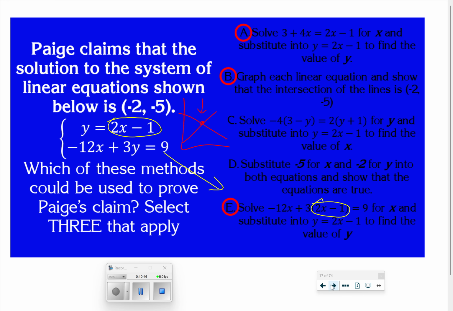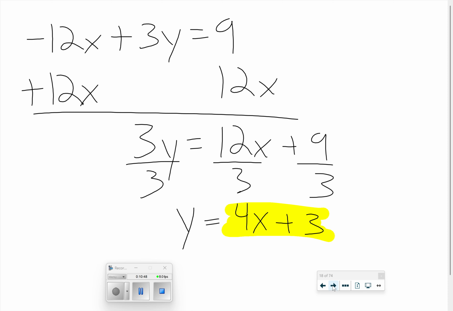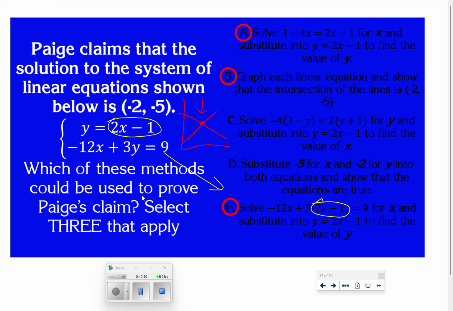And then next, let's see, you could take, let me go back here. You could take this -12x plus 3y is equal to 9, and you could just solve it for y. Once you add 12x on both sides, like a literal equation, you got 3y equals 12x plus 9. You divide by 3, y is equal to 4x plus 3.